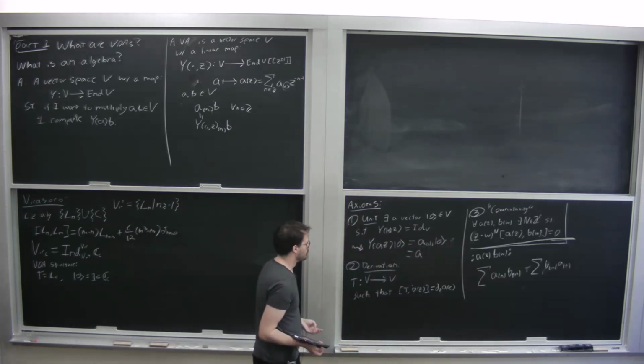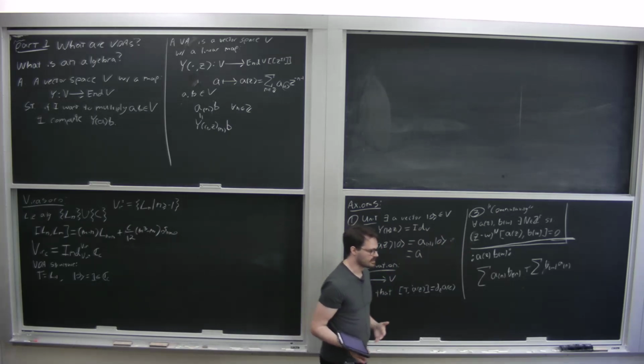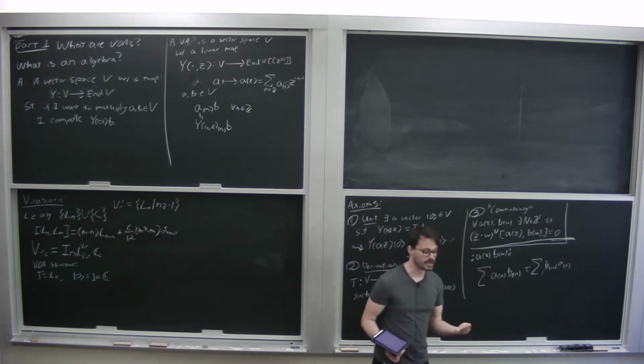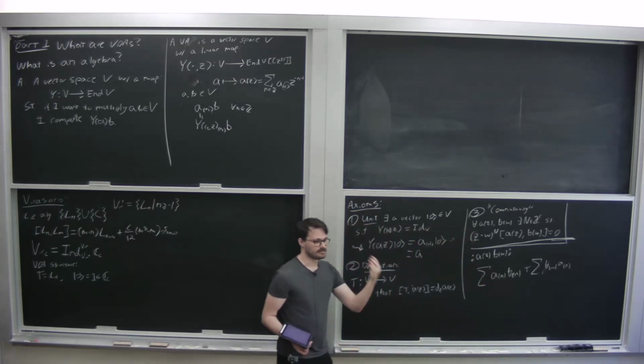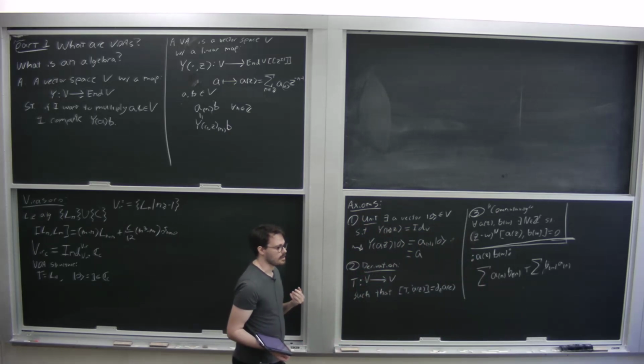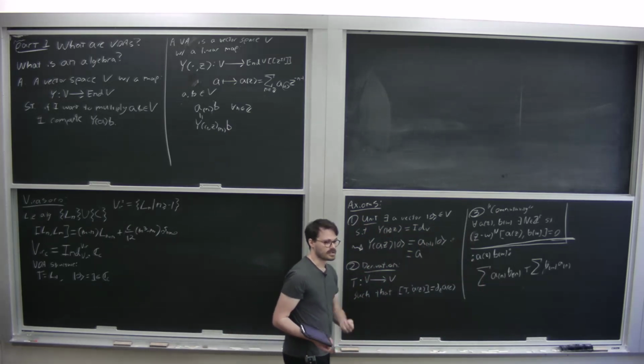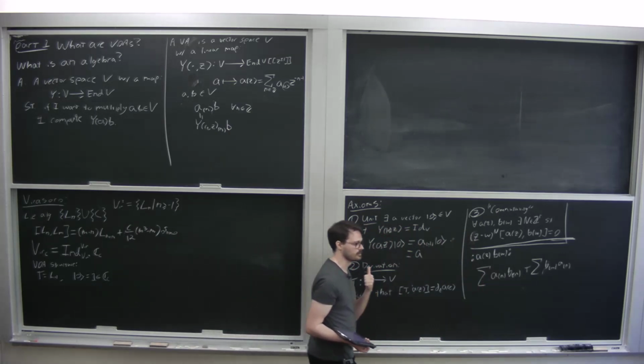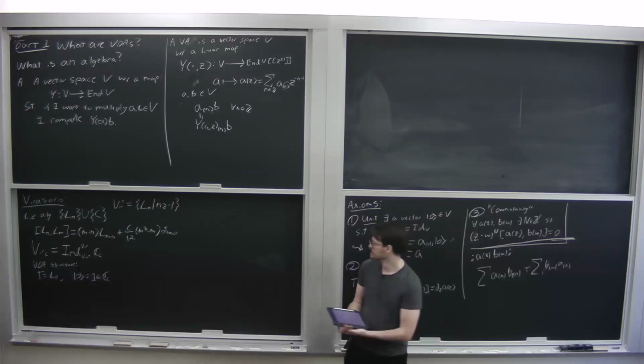What do I mean by that? Well, I say some collection of fields generates the VOA, or strongly generates the VOA, if I can construct any other field as a linear combination of normally ordered products and derivatives of those fields. So the operations I'm generating with respect to are normally ordered product, derivatives, and linear combinations.